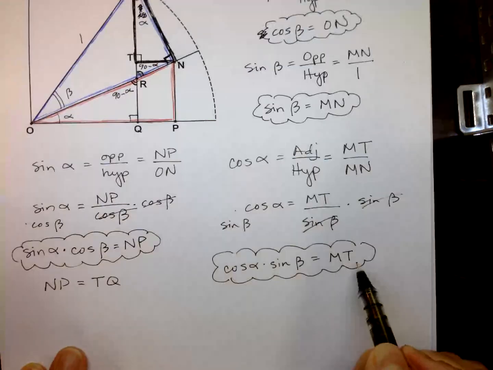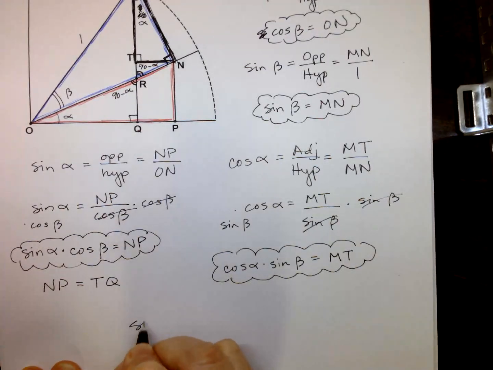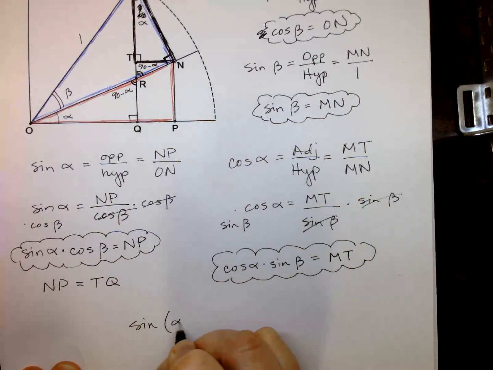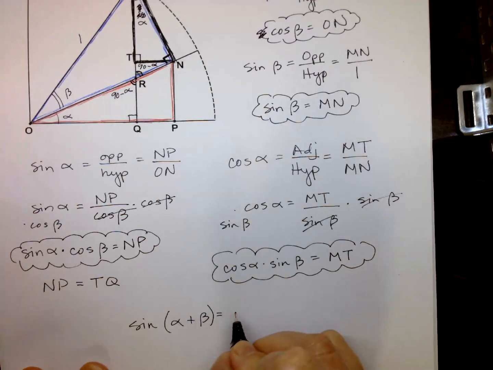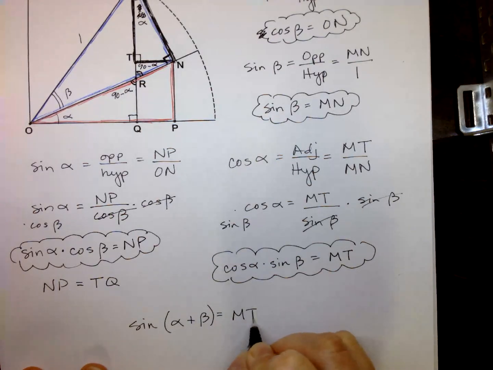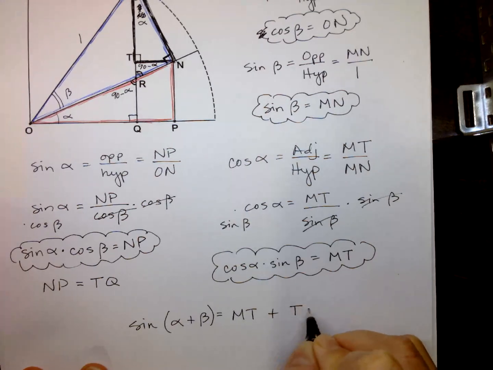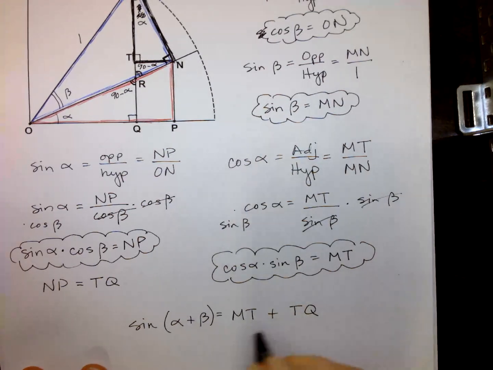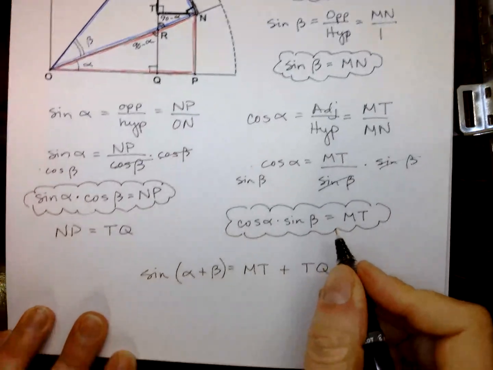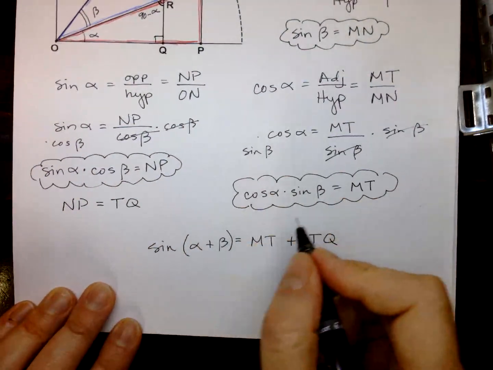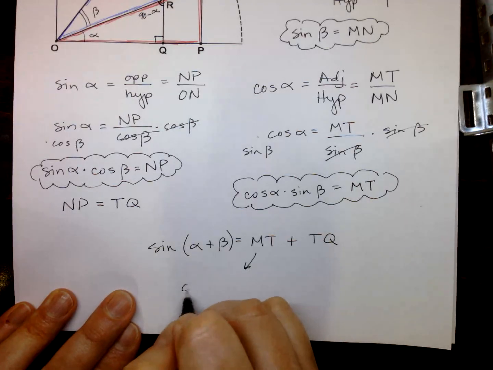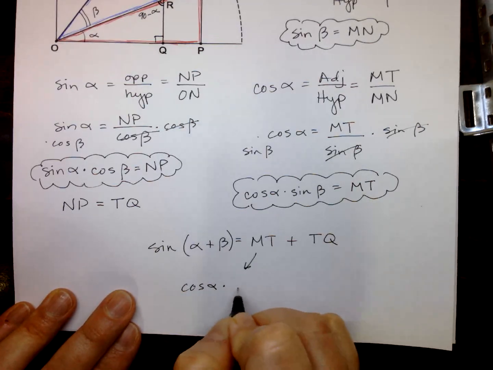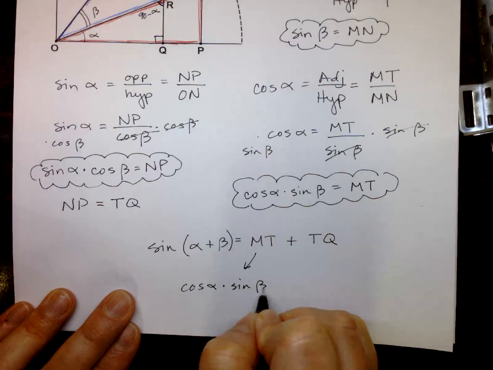Okay, well, if I say that the sine of alpha plus beta is equal to MT plus TQ, MT, I have a statement right here that says MT is the same thing as cosine alpha times sine of beta.